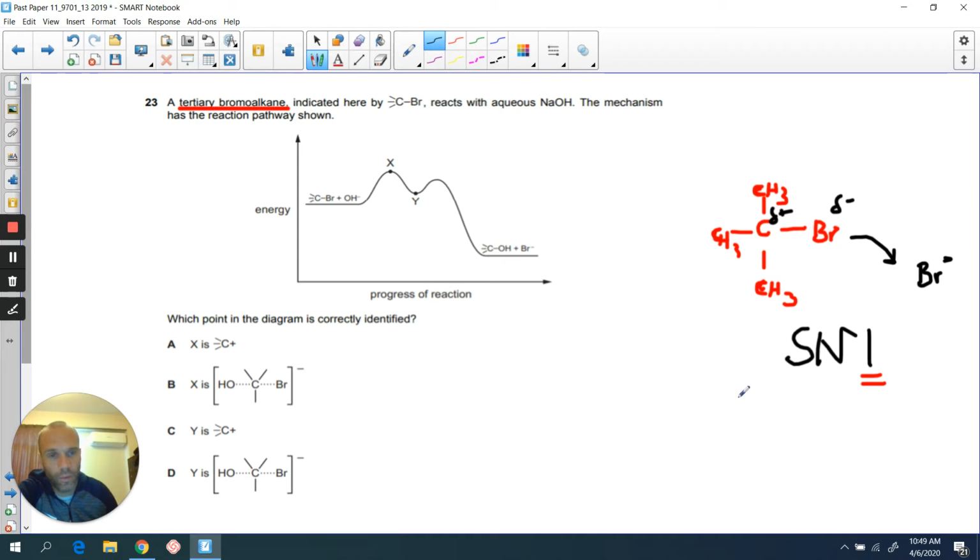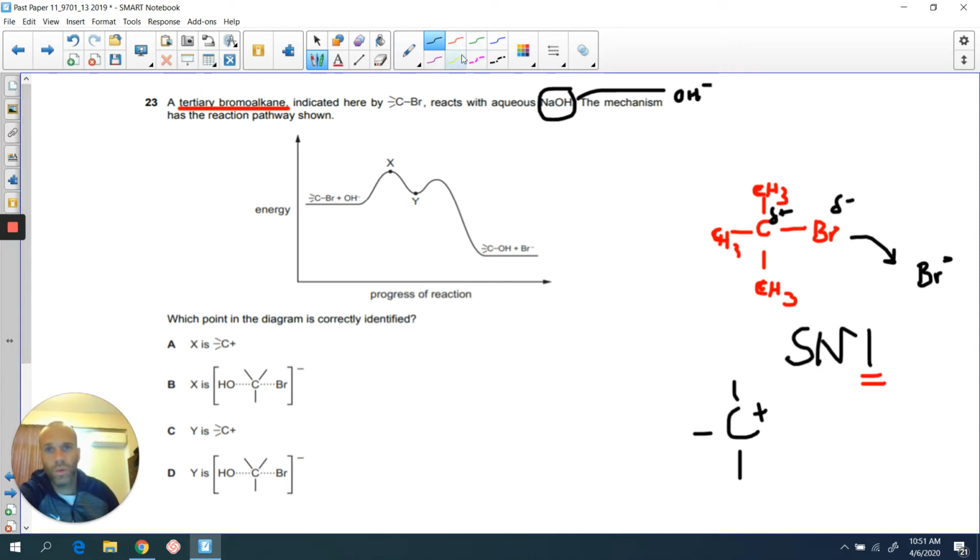And then we're going to form our carbocation as a result there. But this happens on its own. In other words, the NaOH, the OH here, is not involved in this step. This molecule breaks up on its own.